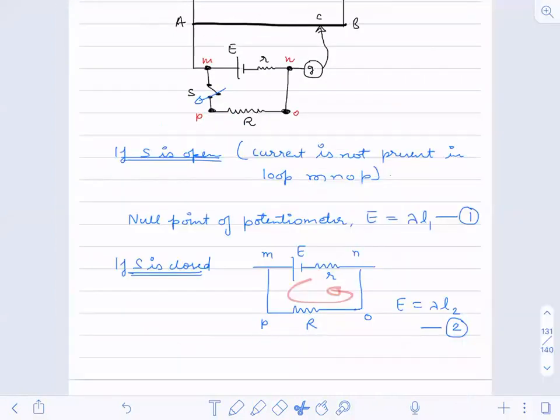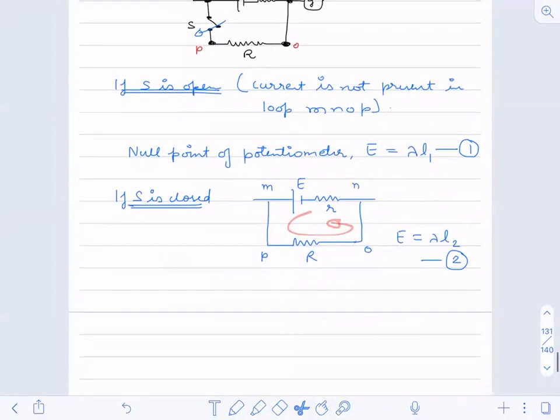After this, if I want to write down the KVL equation, just see what I can write here.